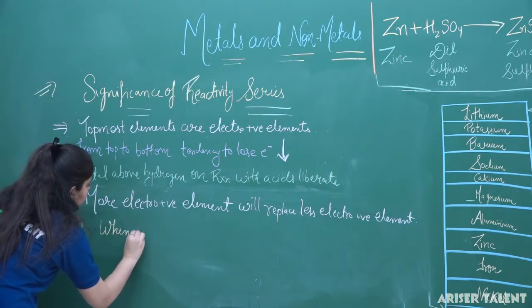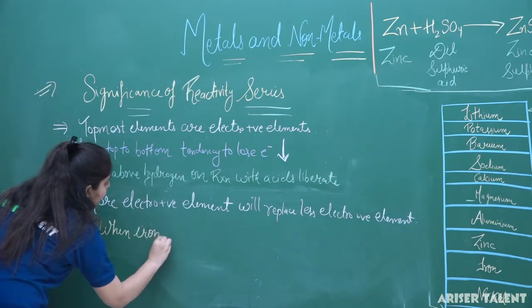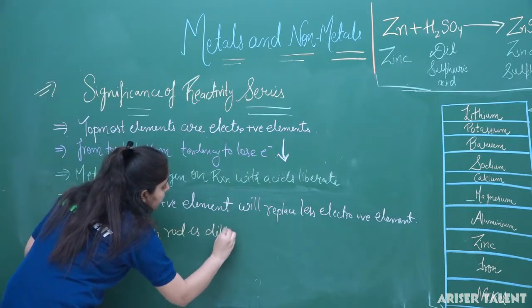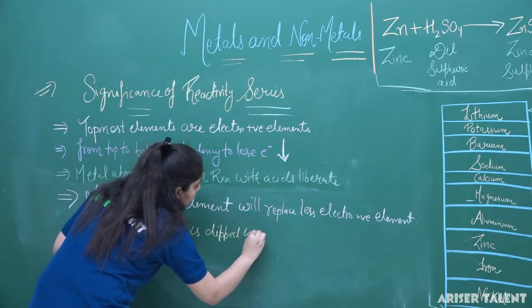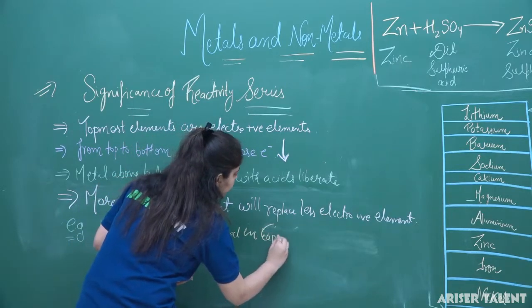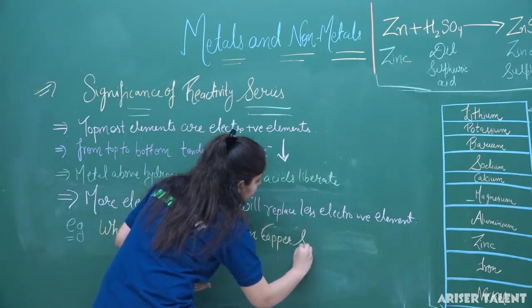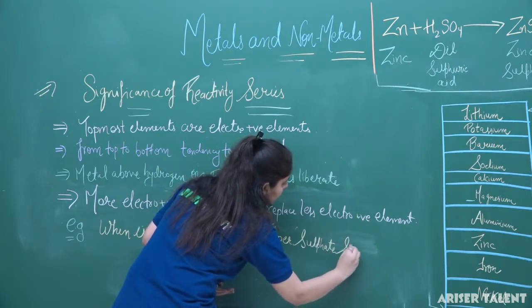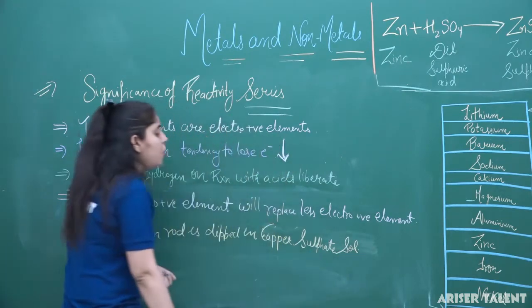When an iron rod is dipped in copper sulfate solution, what will happen?